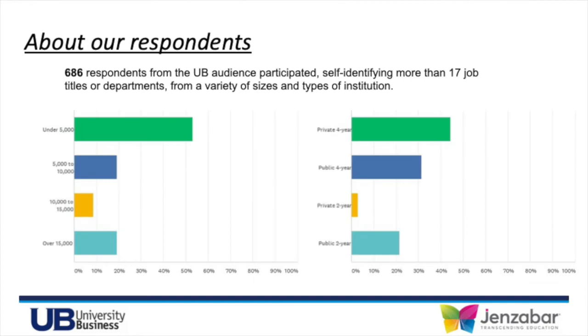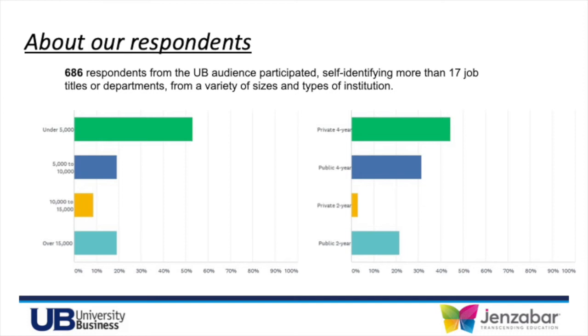And just a little about our respondents, and many of you joining us here today may have taken our survey, and if so, thank you very much. 686 total respondents, which, by the way, is one of the biggest responses we've ever had for a survey. So a lot of interest. It was just a voluntary survey. We invited folks to participate if you have thoughts on the impact of COVID on your technology.